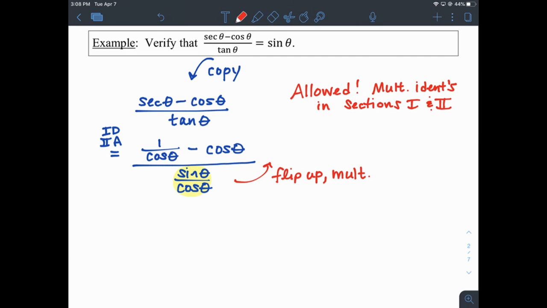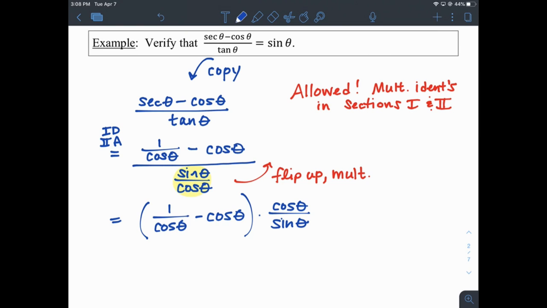You do need to be a little careful when you do that, and that's why I'm taking this option rather than splitting the fraction. Because when you take this option, the entire numerator, notice my parentheses, has to be multiplied by that fraction flipped over.